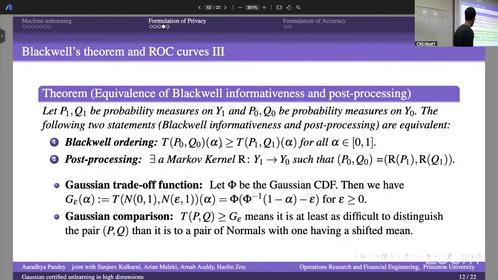So Blackwell ordering is the same as saying that the other two probability measures, the ones whose curves were higher, are obtained from a Markov kernel applied to P1 and Q1.